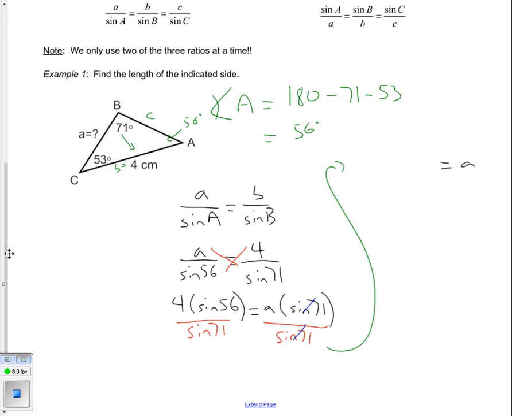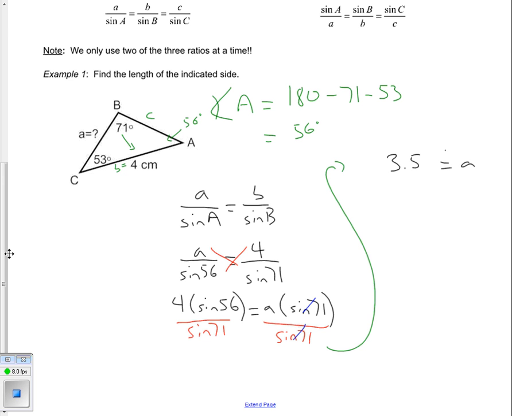And then if I calculate the left-hand side of that equal sign, I end up with 4 times sine 56 divided by sine 71, and that's going to equal approximately 3.5. So 3.5 units.